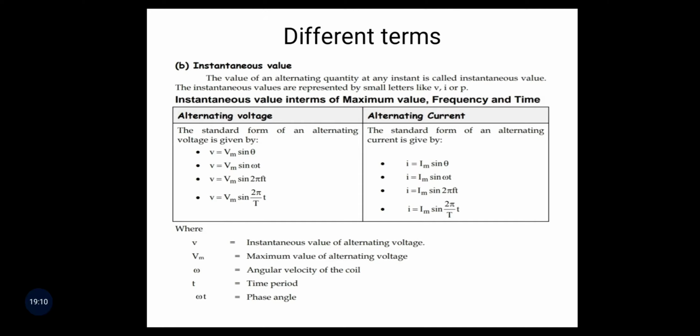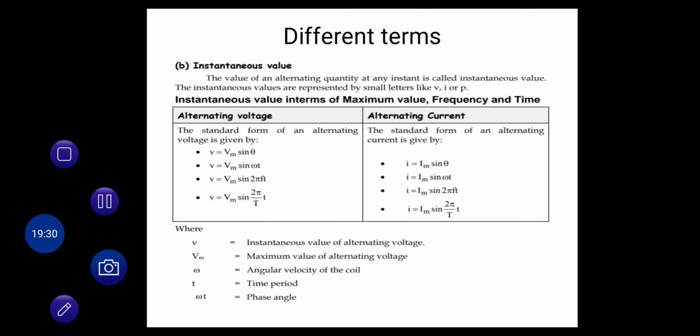That's why v equal to Vm sin omega t, i equal to Im sin omega t. Here omega equal to 2 pi f. That's why v equal to Vm sin 2 pi f t, i equal to Im sin 2 pi f t.